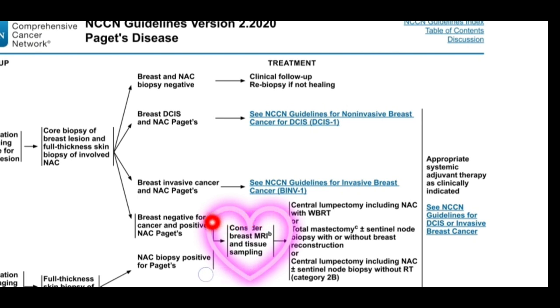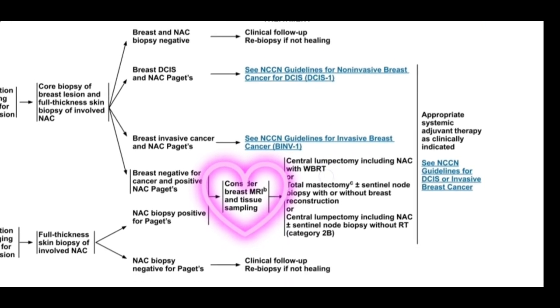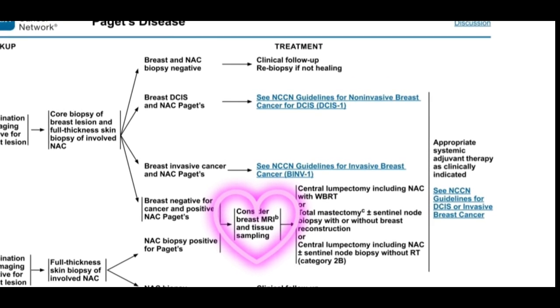While if the breast is negative for cancer and positive for nipple areolar complex, now there is a big role for MRI to be considered and tissue sampling, and then we have three possibilities as we mentioned: either central lumpectomy including the nipple areolar complex with whole breast radiation therapy, or total mastectomy plus or minus sentinel lymph node biopsy with or without breast reconstruction, or central lumpectomy including the nipple areolar complex plus or minus sentinel lymph node biopsy without radiation therapy.